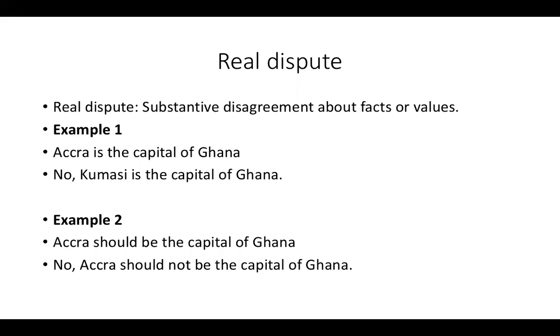Those disagreements that arise from improper definition are verbal disputes. Those that arise from lack of verification of facts or presenting the wrong facts are real disputes. And those that arise from differences in value judgments are also real disputes.